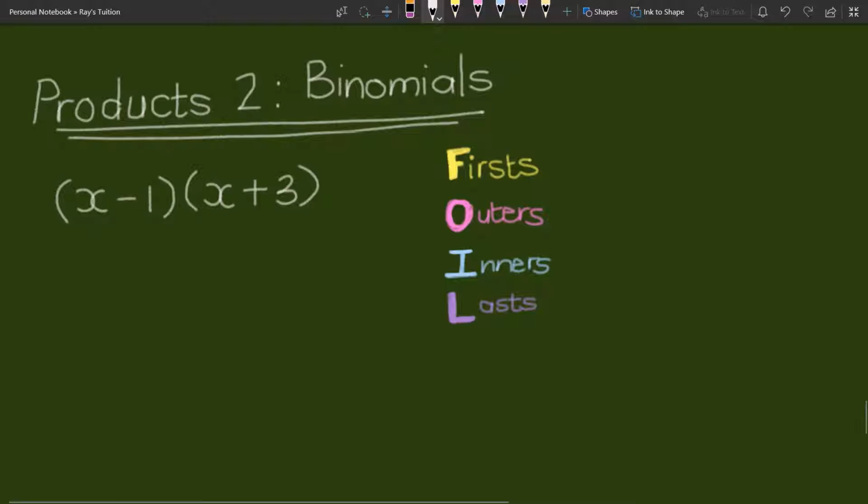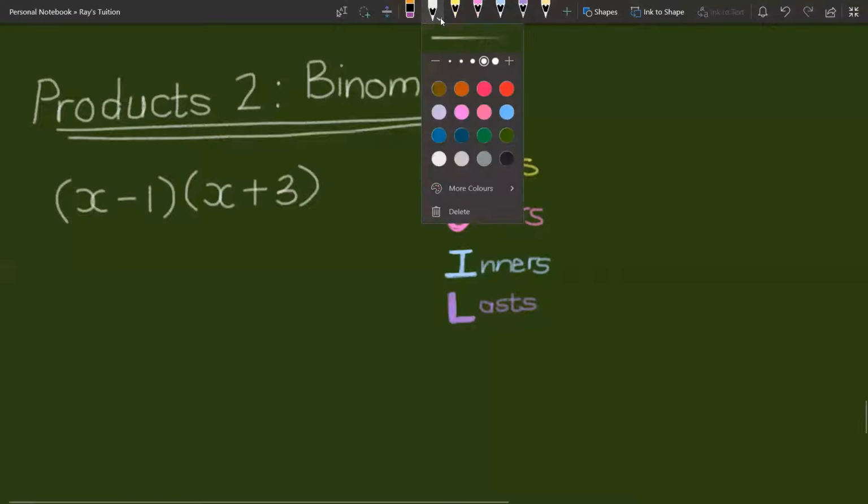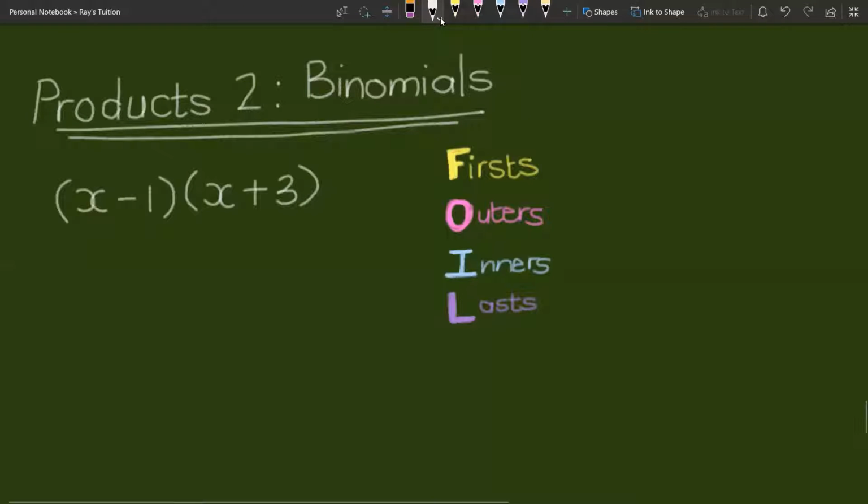Now, what you might have heard as a common method to multiply this out is something called FOIL. It's an acronym that gives us an order in which we should multiply the terms in the bracket. So I'm going to show you how to use the FOIL method to multiply a binomial.